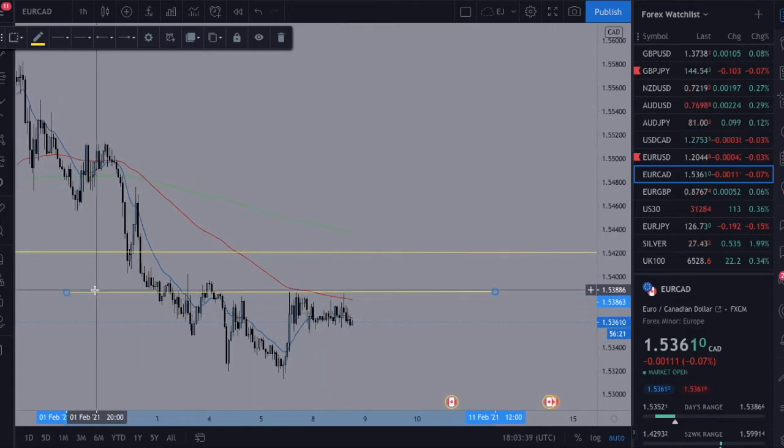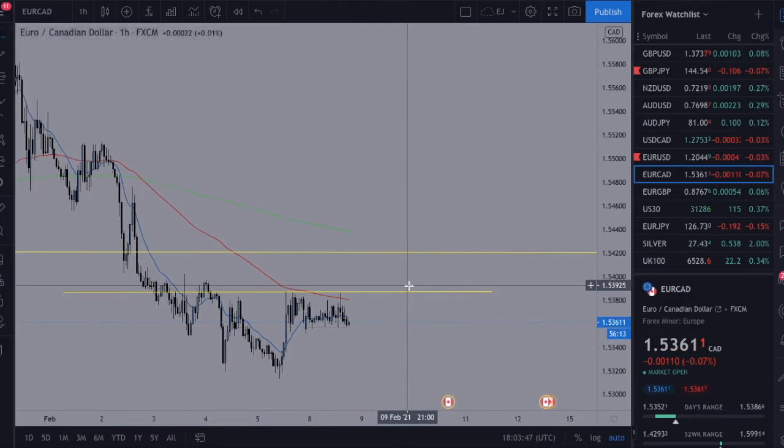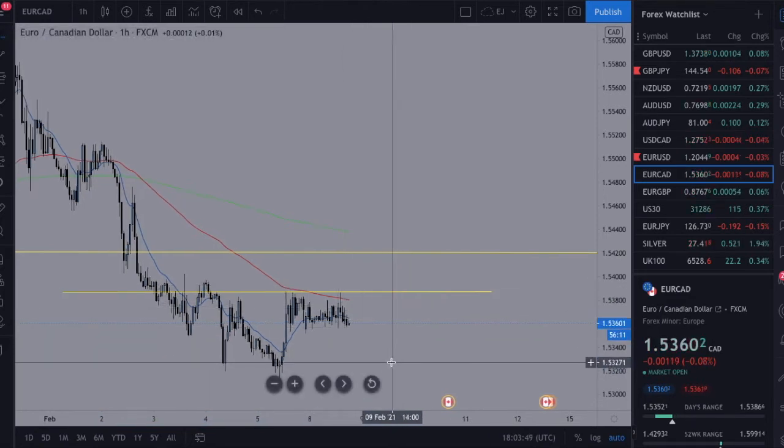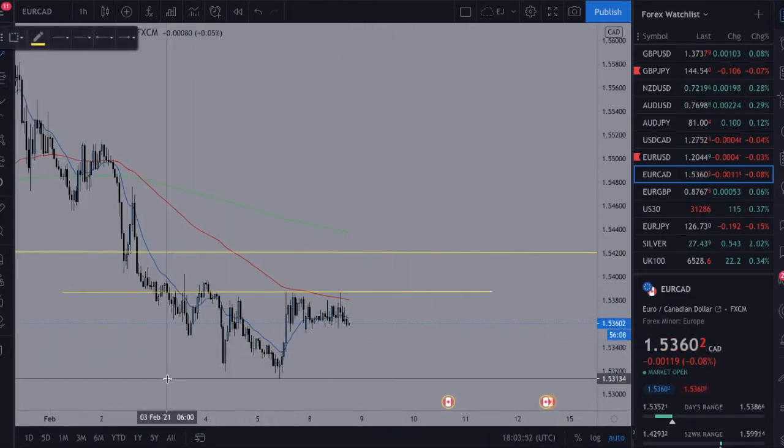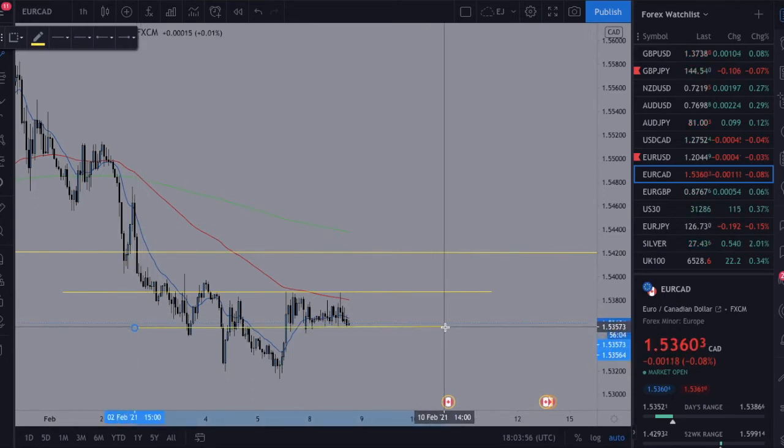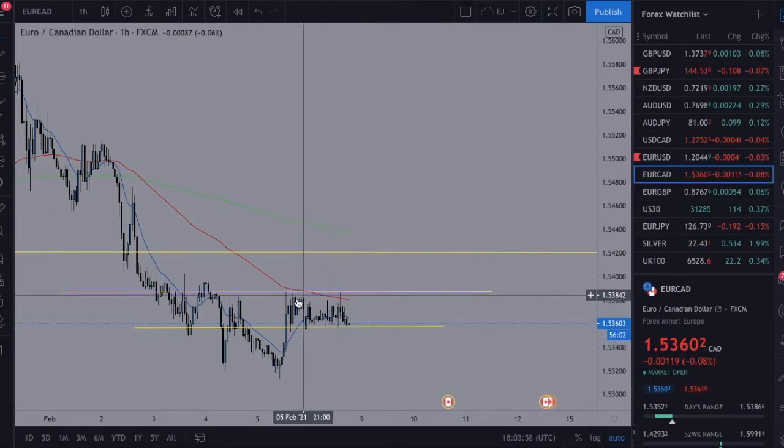So I would say this is a decent line of intraday support because we're on the 1 hour time frame. As long as price holds below that, you could potentially say that we will drop a bit further. In this region you could draw a support zone right here, because price has been consolidating the last couple of hours in this little zone. So this would be our support, this would be our resistance.